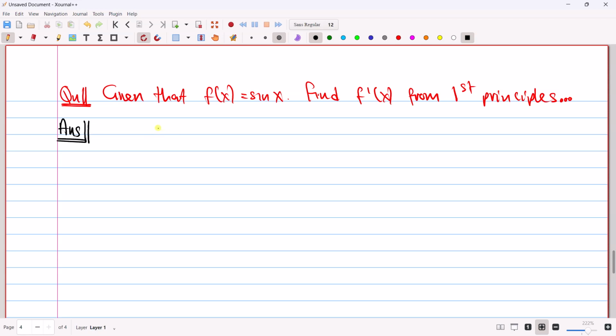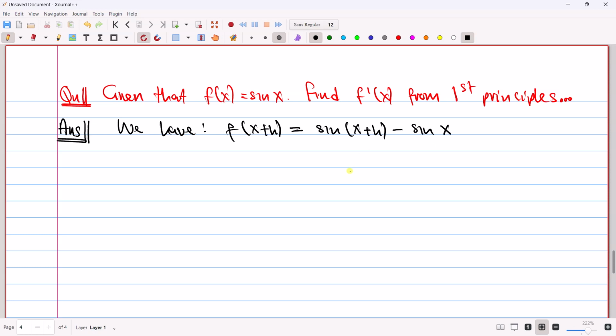The answer goes as follows. We already know the ingredients. First I'll find f of x plus h. What is f of x plus h? It is sine of x plus h.